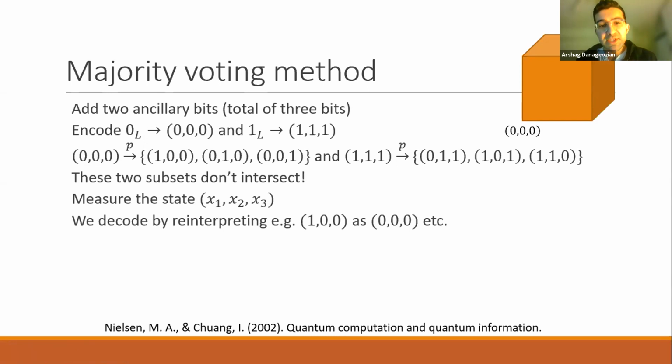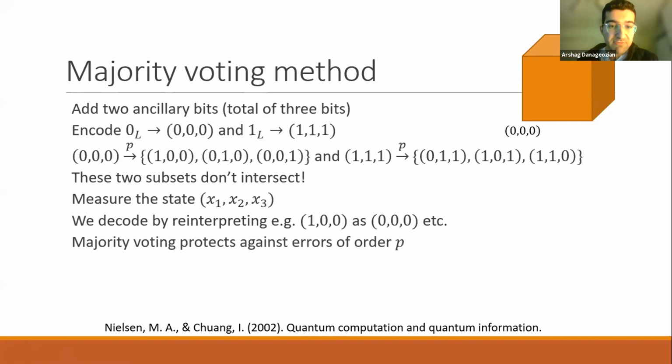Now, there's a probability that this state came from the 111, where 2 bits have errored rather than the 1, but that has an error probability of p squared rather than just p, and that's why we can ignore it if p is small. So this is called the majority voting method, and just to emphasize, it can correct errors up to an order p. So it will error up to an order of p squared, right?